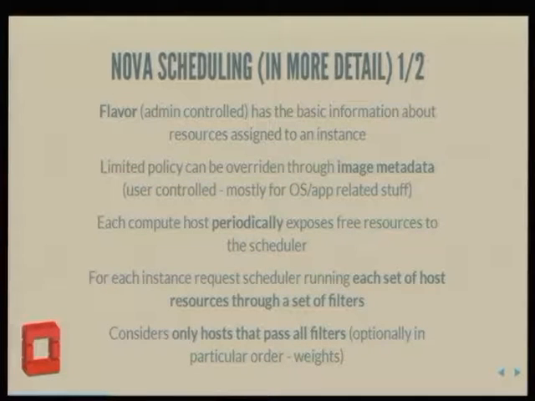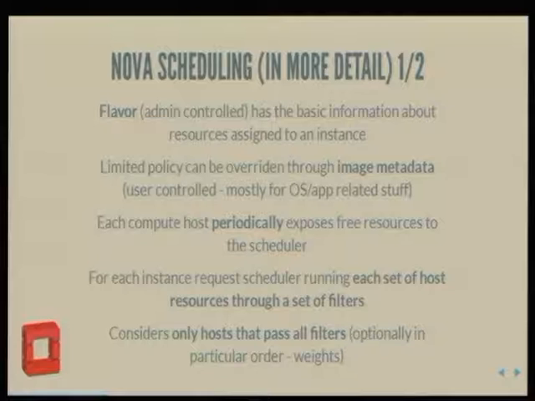So I guess it's interesting to maybe go a little bit into this and see how this fits with the high performance requirements. There's flavors, as I said, and they carry basic information about the resources that will be assigned to an instance. So in the simplest case, it's just the number of CPUs and the amount of RAM, or potentially disk, that the VM will have.